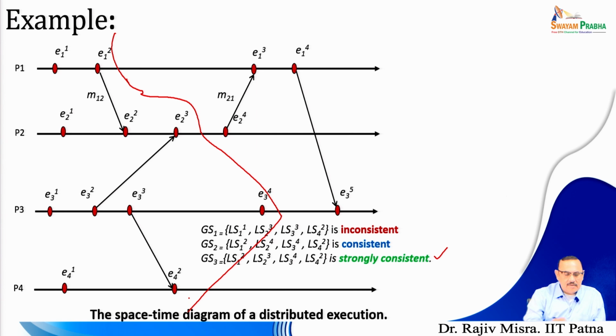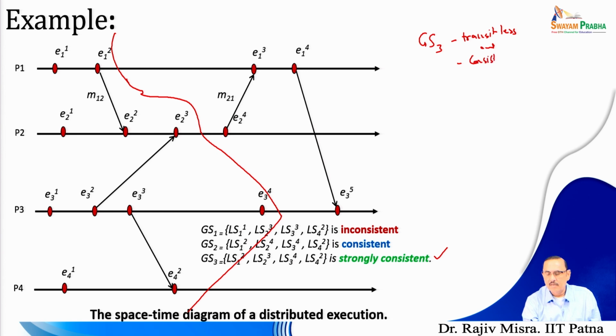So, you can see that global state 3 is transitless and it is a consistent global state. Therefore, it is a strongly consistent global state.